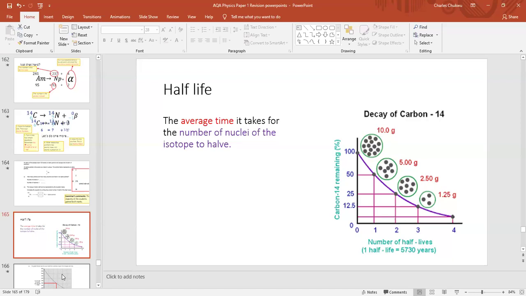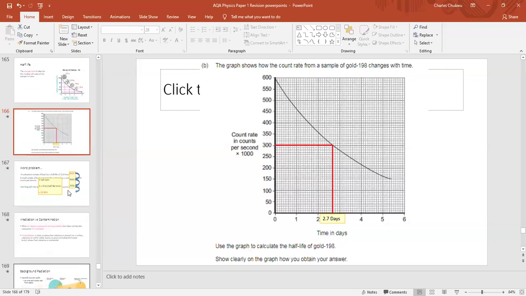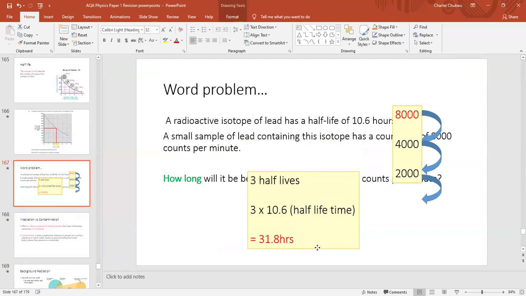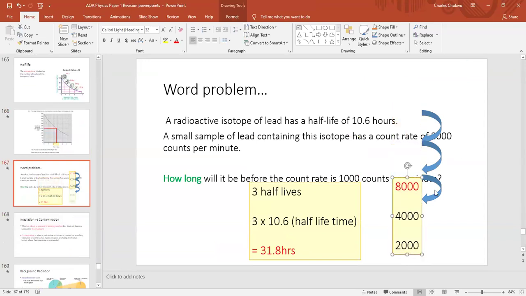Okay, so this is like a graph. I think this idea of half-life, right?